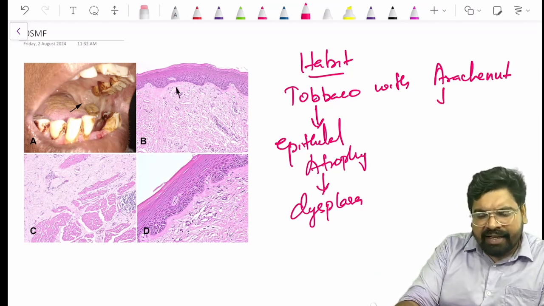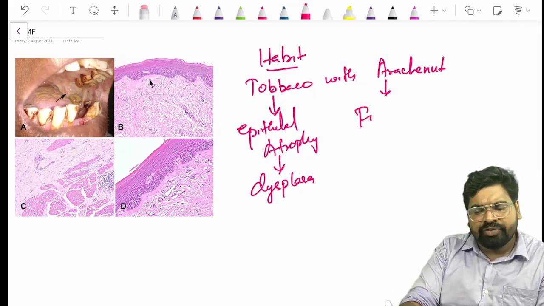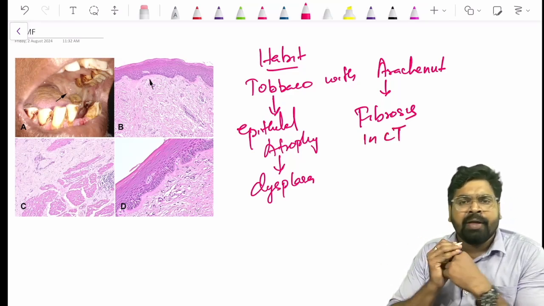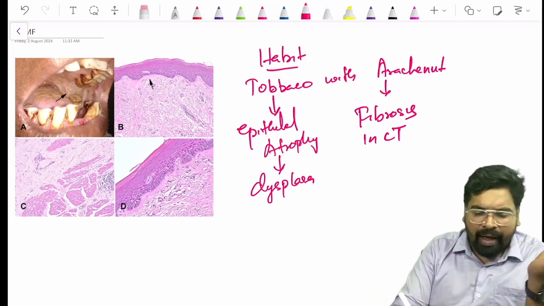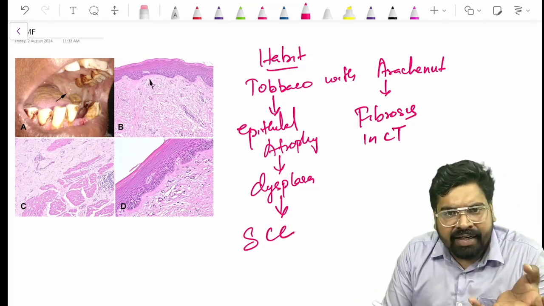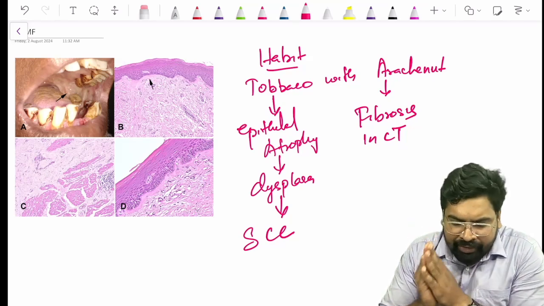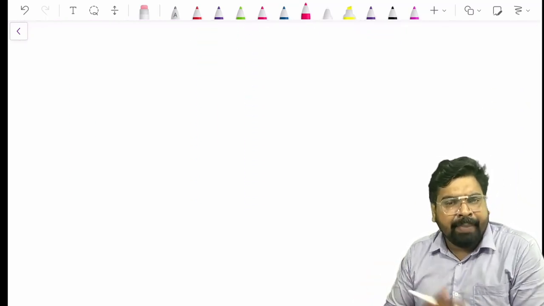The components of the areca nut are actually causing the fibrosis in the connective tissue. So the squamous cell carcinoma is still coming from the tobacco, while the areca nut is the real cause of the fibrosis.